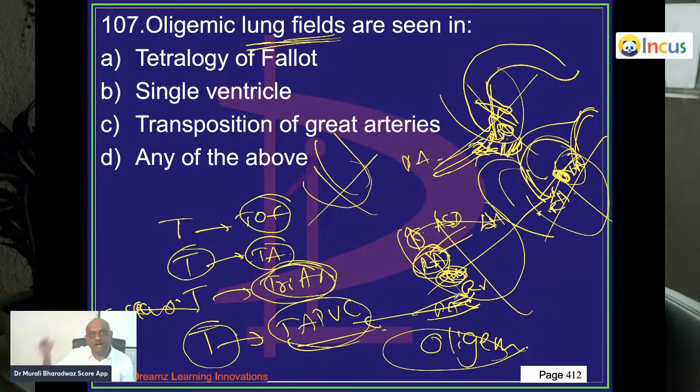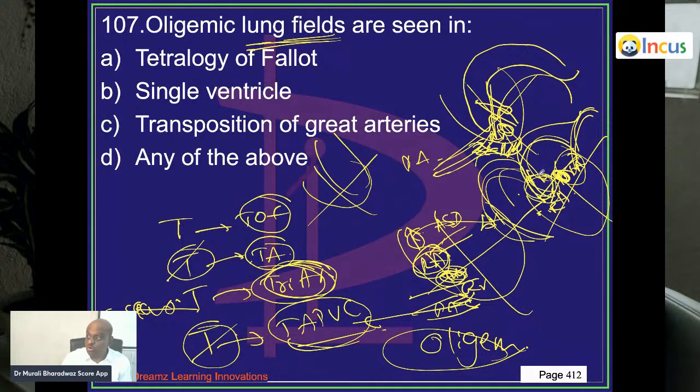Right atrial blood does not come to the right ventricle. That is the reason pulmonary blood flow is diminished. So one more oligemia is TA, tricuspid atresia. Whereas in Truncus arteriosus or total anomalous pulmonary venous circulation, what is happening in TAPVC? The right atrium is receiving the regular blood and also the blood coming through the pulmonary vein.